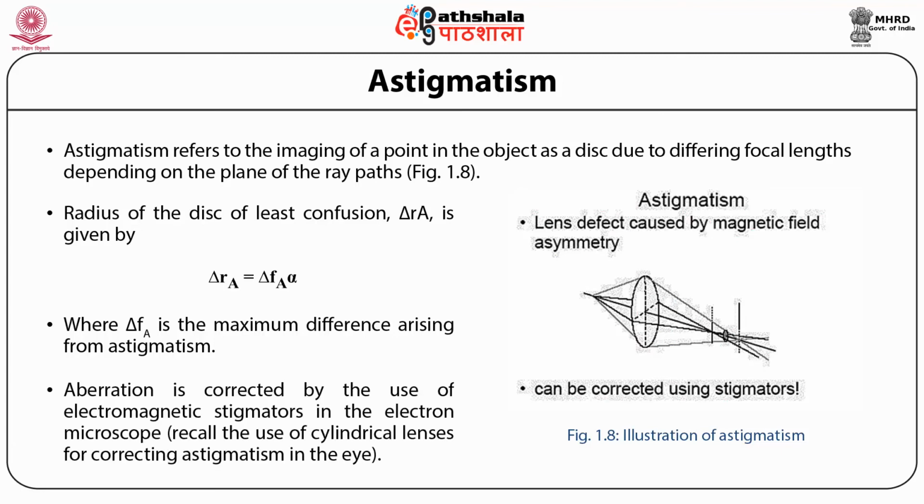Aberration is corrected by the use of electromagnetic stigmators in the electron microscope. Thus, astigmatism is a lens defect caused by magnetic field asymmetry, and it can be corrected using stigmators.